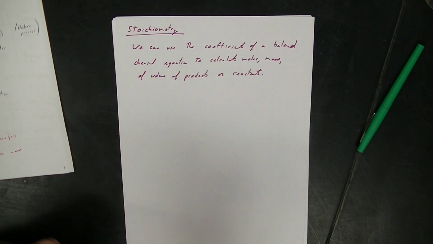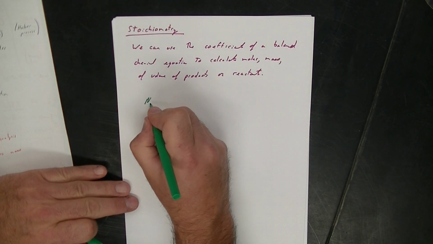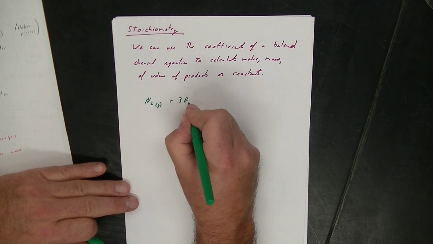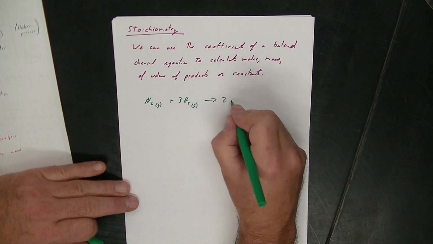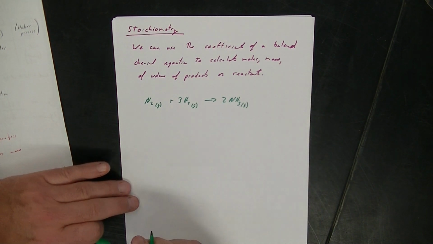So let's just write this equation. N2 gas plus 3 H2 gas produces 2 NH3 gas, ammonia.